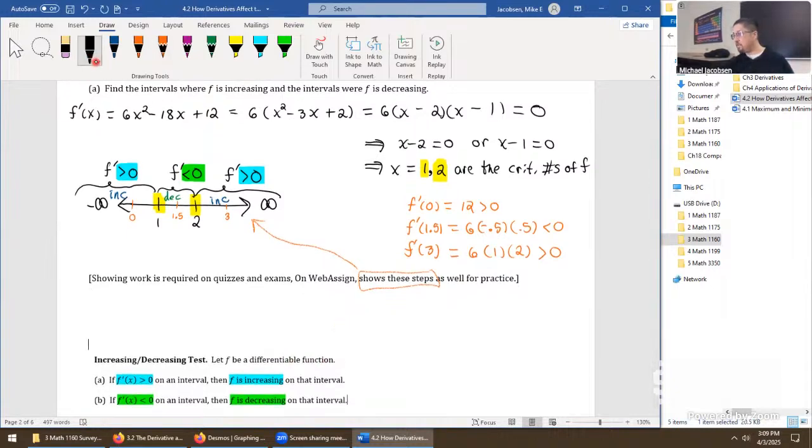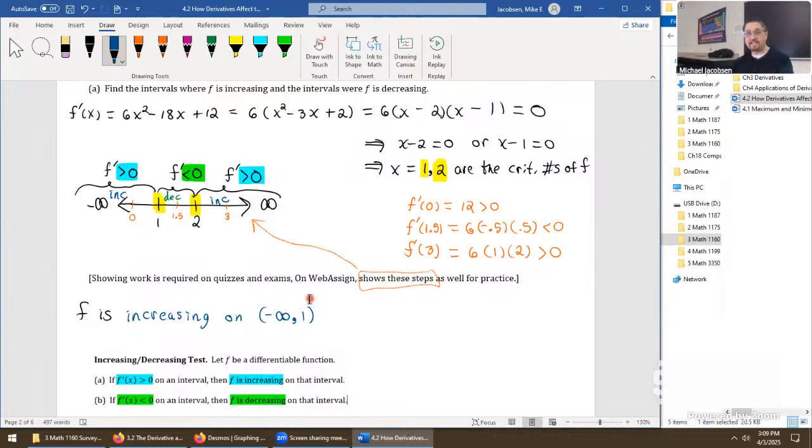Let's say here, f is increasing on the interval from negative infinity all the way up to 1, but not including it. So go negative infinity, comma 1, and there has to be parentheses around both of them. Around 1 because right at 1, f is not increasing nor decreasing.